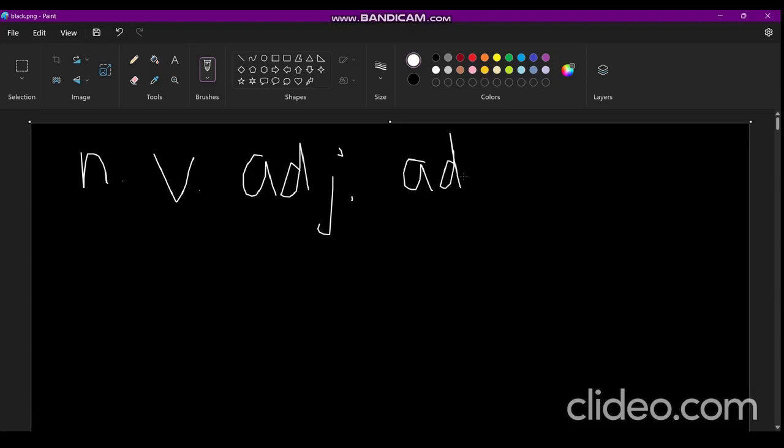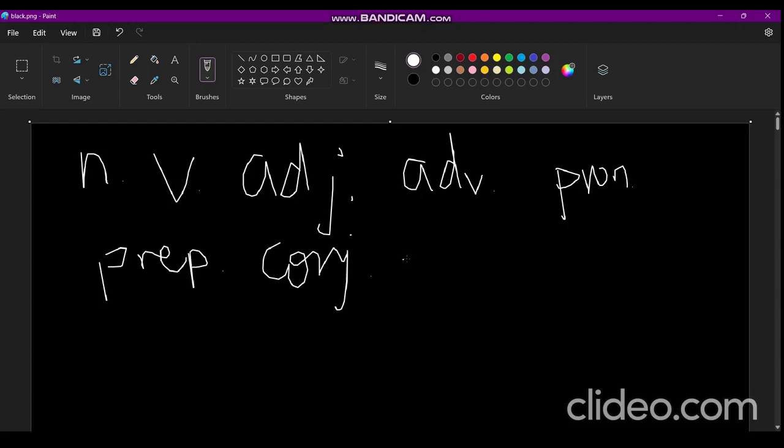Adverb by adv. Pronoun by pron. Preposition with prep dot. Conjunction with conj dot. Interjection with interj dot. These are the most basic.